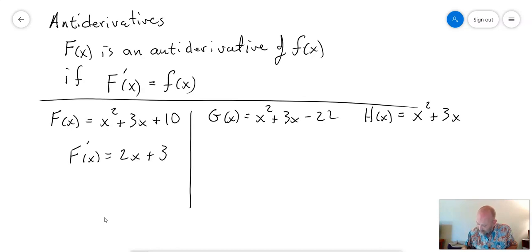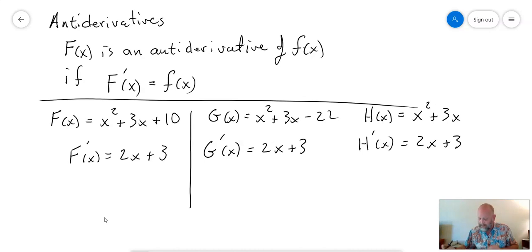And then g prime of x is equal to 2x plus 3, and the derivative of 22 is 0. Okay, so that's that. And then h prime of x: the derivative of x squared is 2x, the derivative of 3x is 3, and there's nothing else. Now, if you notice here, each one of these derivatives is identical.